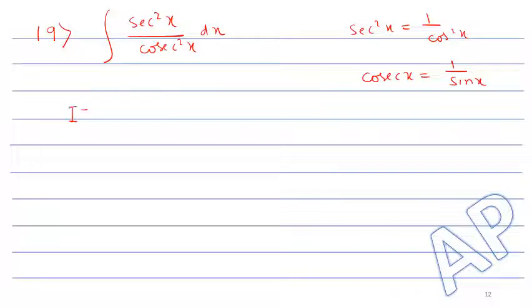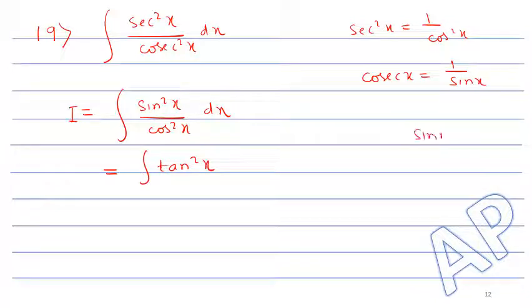So the given integral I becomes 1 by cosecant square x, which I can write as sin square x. Similarly, secant square x can be written as 1 by cos square x. So I becomes sin square x by cos square x, which is nothing but integral tan square x. We know that sin x by cos x is tan x.